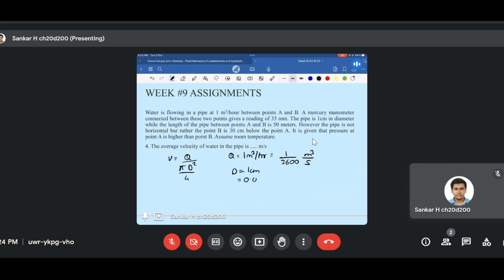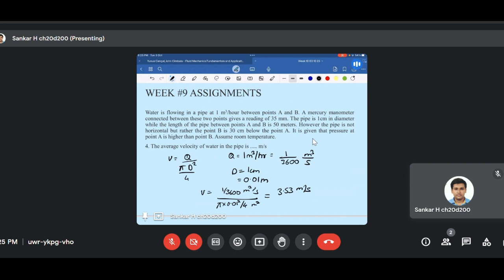Therefore, V is 1 by 3600 meter cube per second divided by pi into 0.01 square by 4 in meter square, and we get this to be approximately equal to 3.53 meters per second.